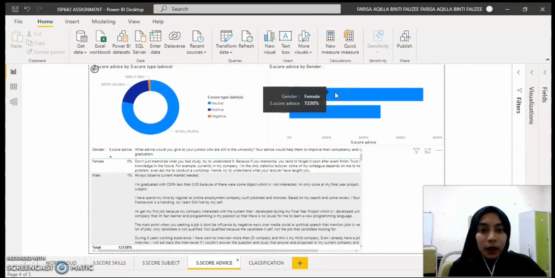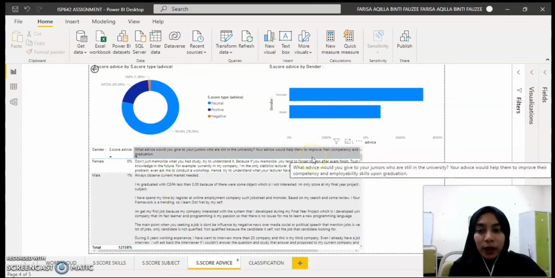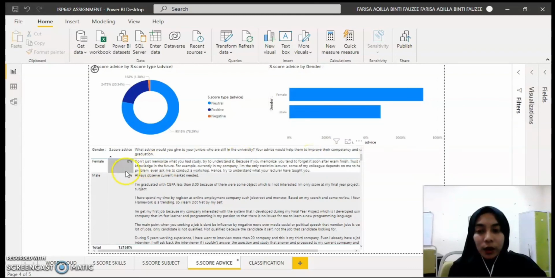For the gender, as we can see, it has the highest sentiment score for the female with the percentage of 72.30%. The second one is male with the sentiment score of 49.28%. And the last one is in the table, where we can see the gender, sentiment score in percent, and the data of advice.